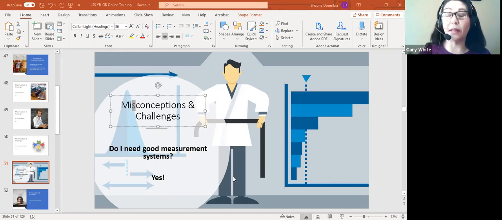They knew now that they were being measured on something they could truly impact, as opposed to this arbitrary thing that was being determined from on high. So again, with your projects, make sure you have a discussion with your stakeholders. Make sure you're really measuring the correct things.